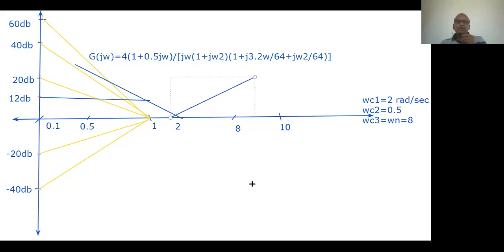Okay, absolutely right. And then 1 plus j omega 2, corner frequency 1 upon 2 equal to 0.5. This is a pole, moving in the downward direction.